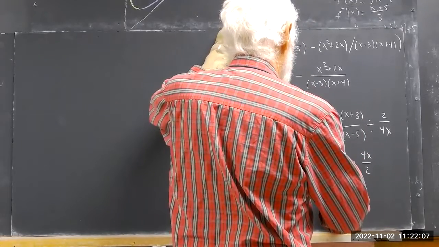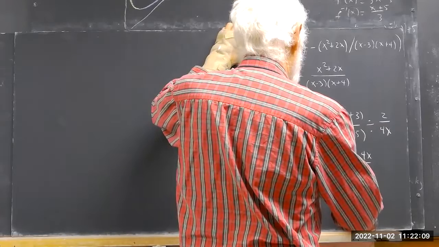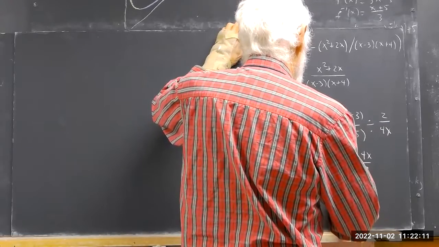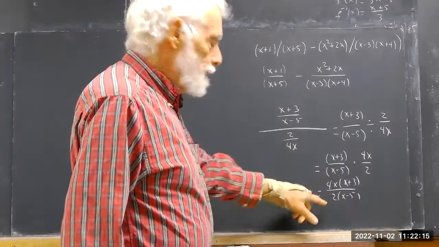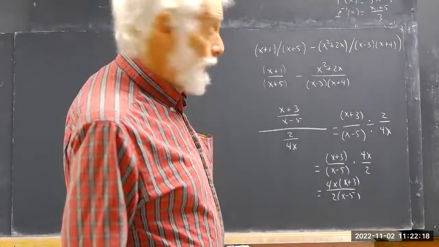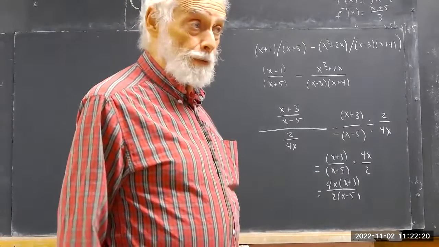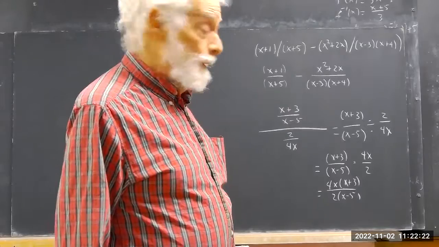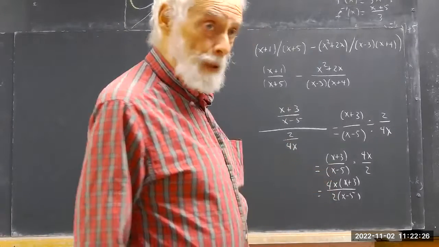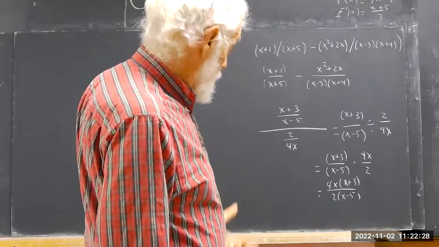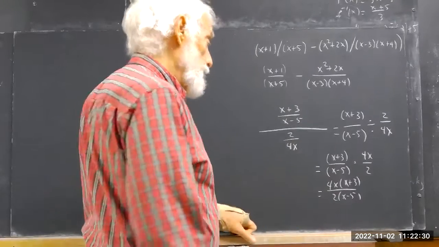That's 4x times x plus 3 over 2 times x minus 5. This is in factored form. A lot of times you want to leave it in factored form. But since none of the factors match up, you're not going to be able to simplify this anymore.